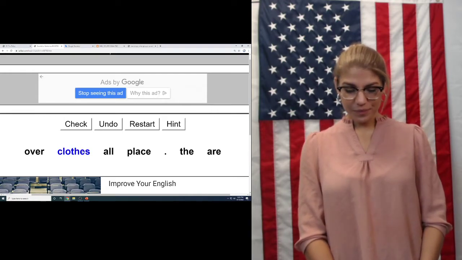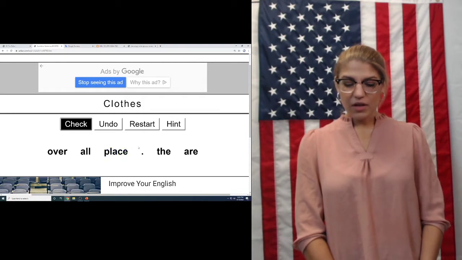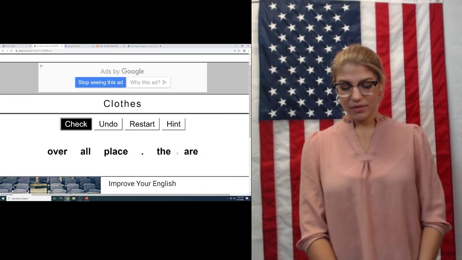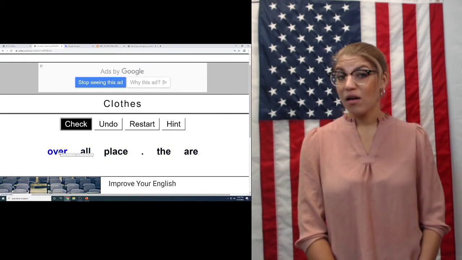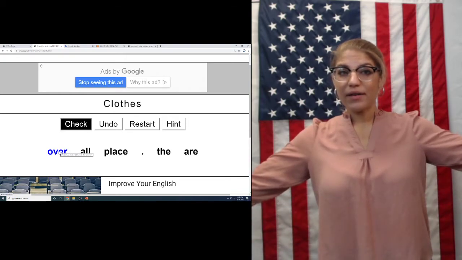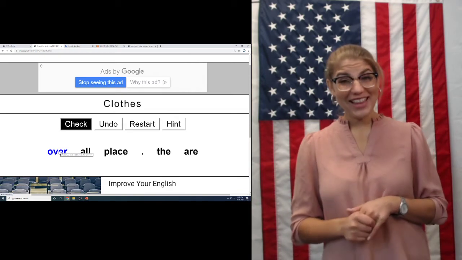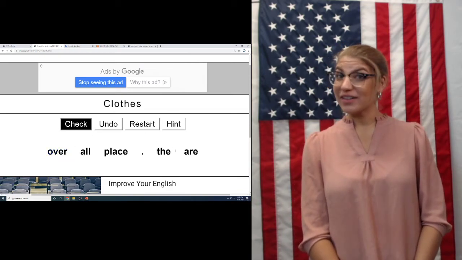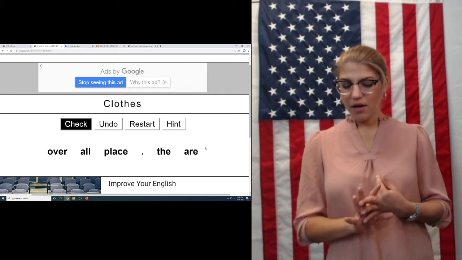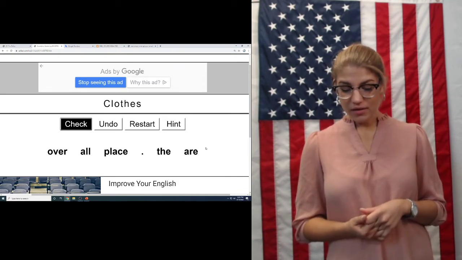Clothes. What about the clothes? They are. Clothes are. Where? This one's really challenging. Perhaps good for a level 2. The clothes are. Beautiful. Clothes are where?